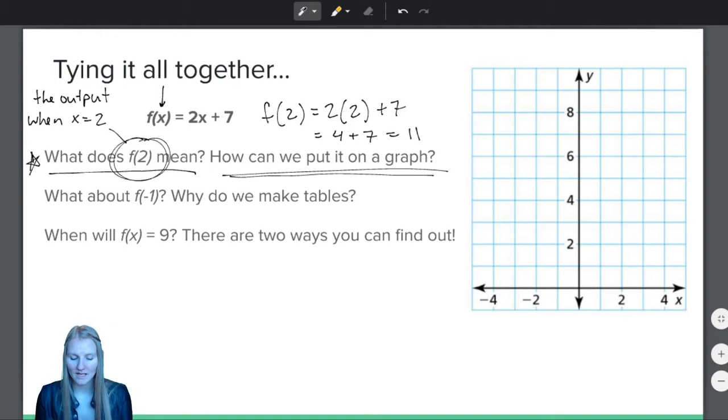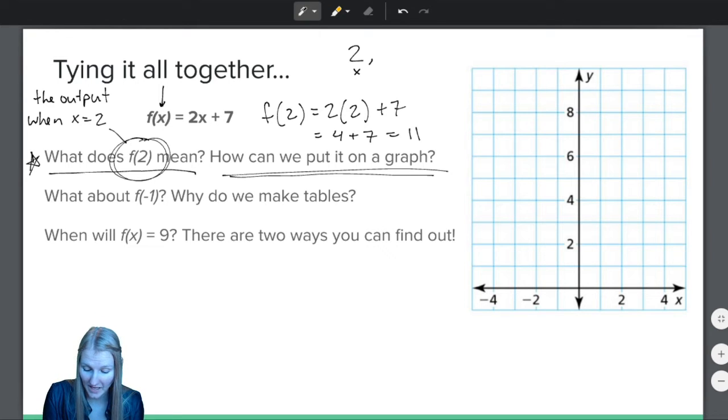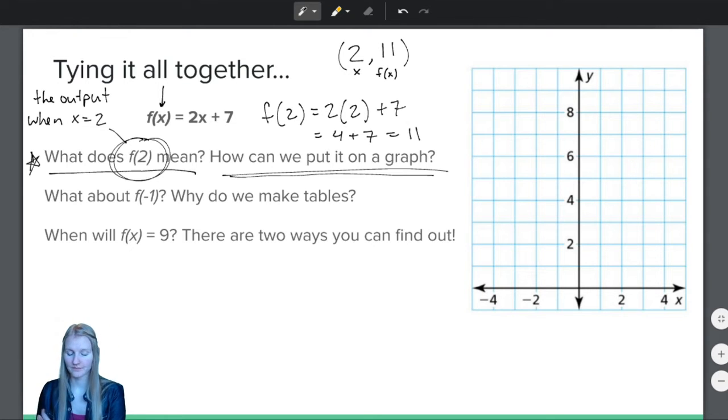So how can we put that on a graph? Well, remember that 2 is our input, or our x, and f of x is our output, or our y value. So that gives us the point 2, 11.